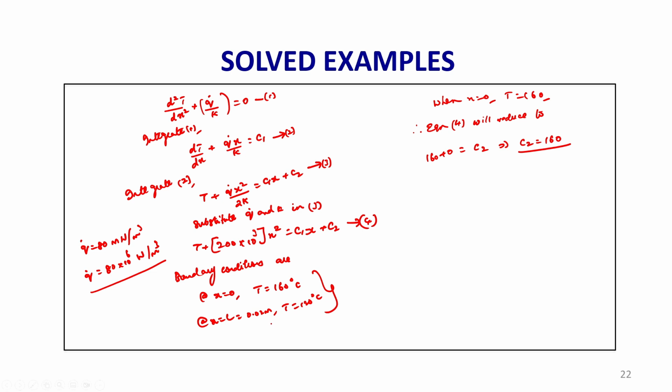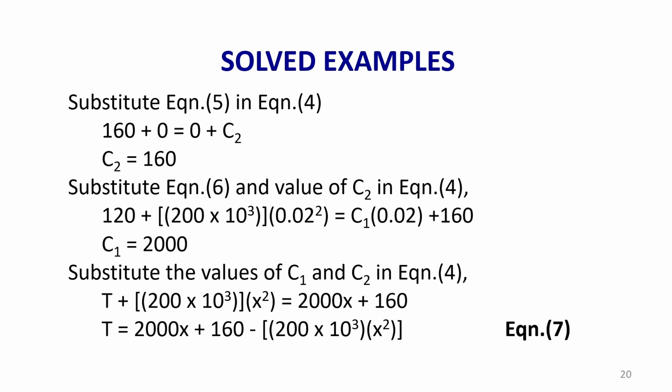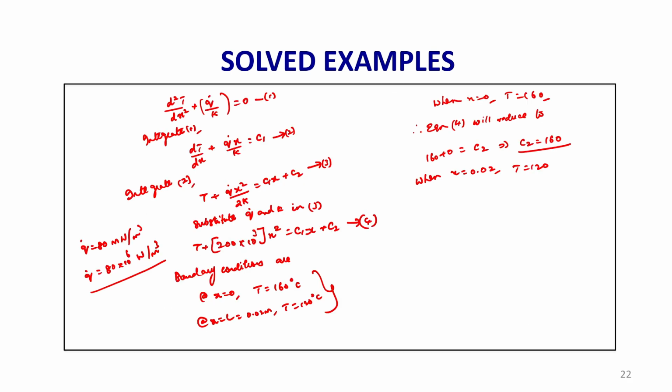Similarly, when x is equal to 0.02, temperature is equal to 120. Now substitute the value of C2 as 160, x equal to 0.02 and T equal to 120.